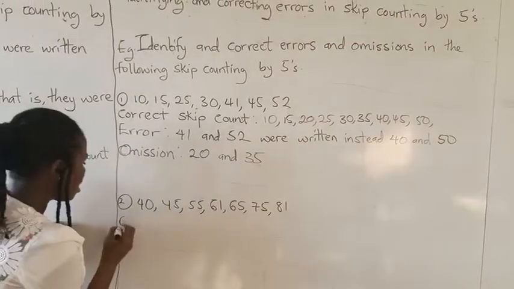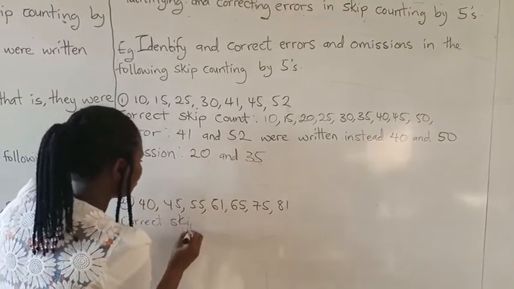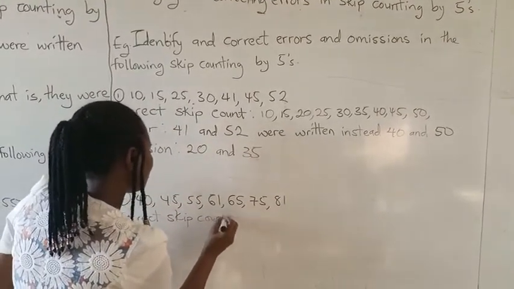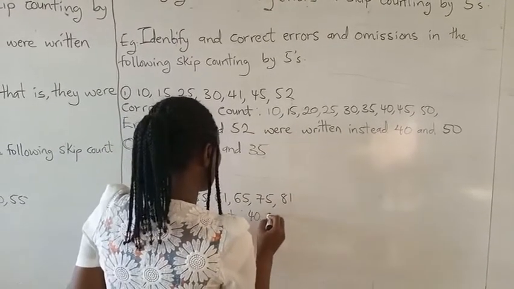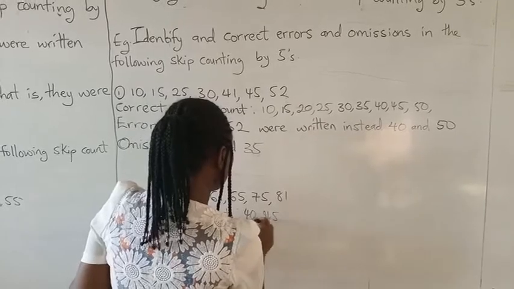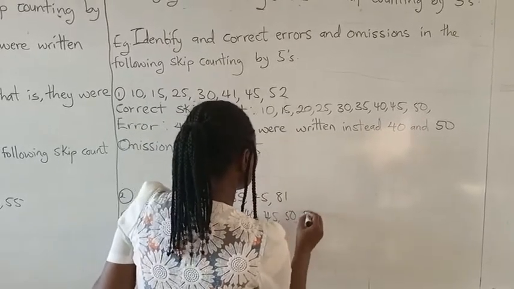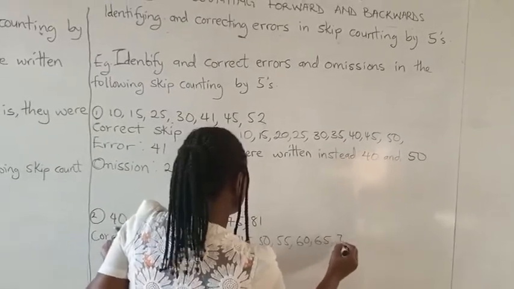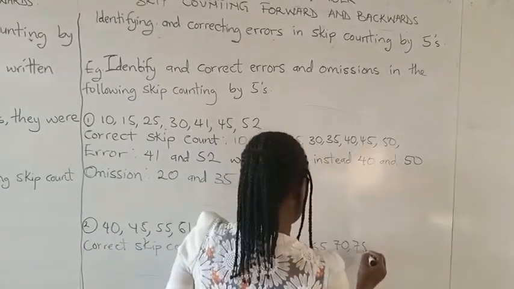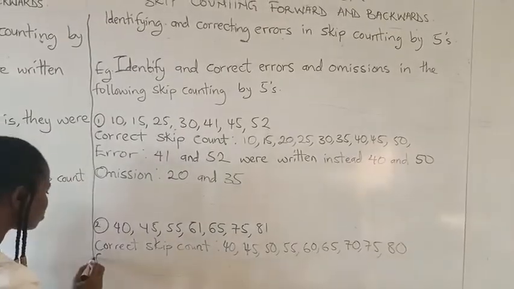Now in the second example, we correct the skip count. And then we go 40, 45, 50, 55, 60, 65, 70, 75, and 80. Error.